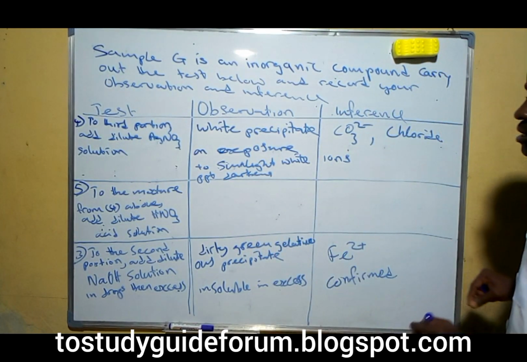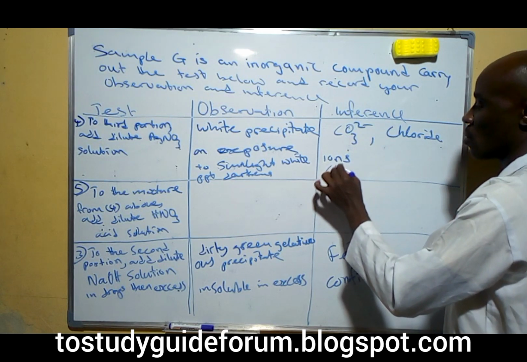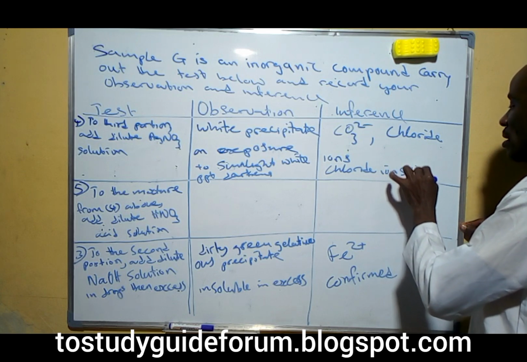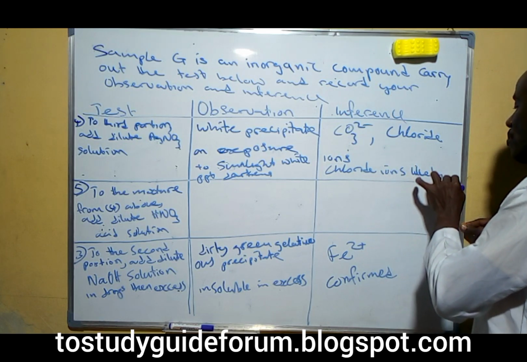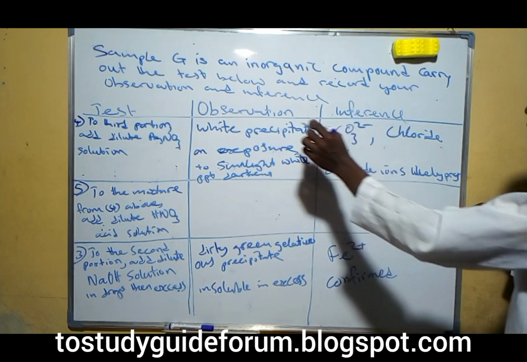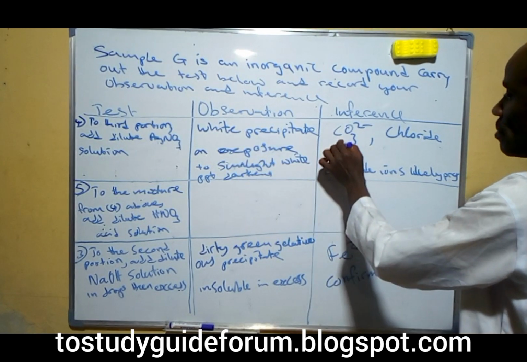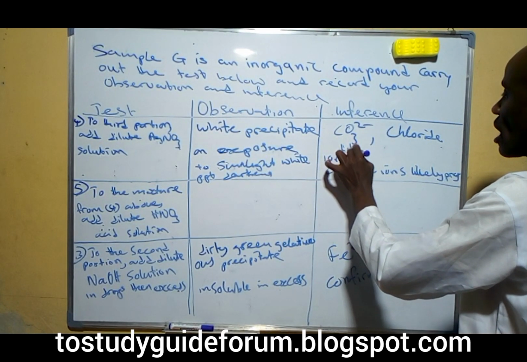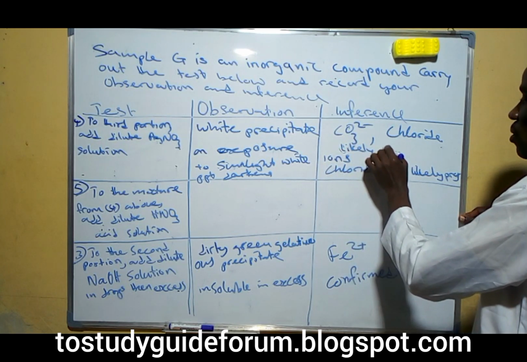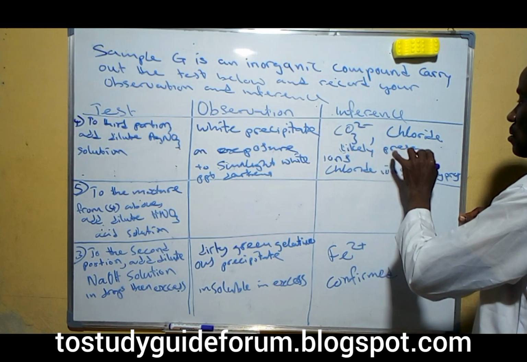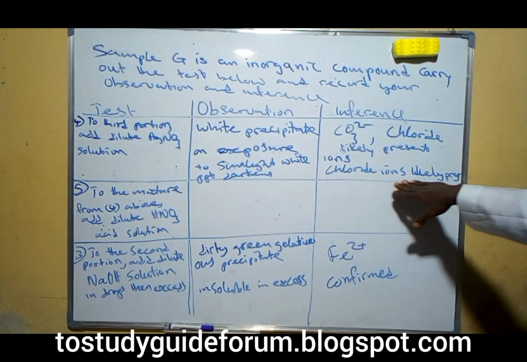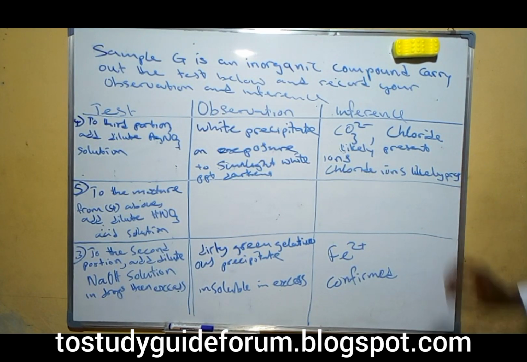Since it darkens like that, it means that chloride ions are likely present. Like I said earlier, for the fact that it is a white precipitate, carbonate and chloride ion are likely present, and for the fact that it darkens on exposure to sunlight, chloride ion is likely present.